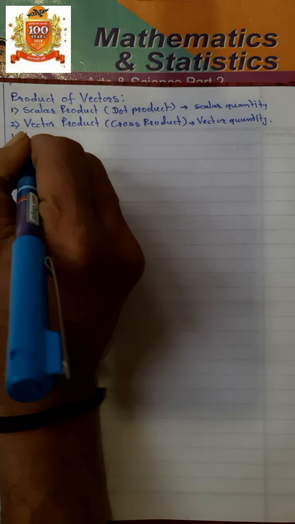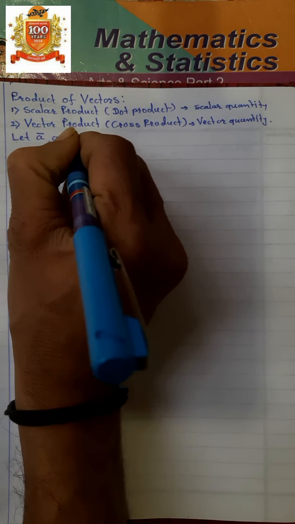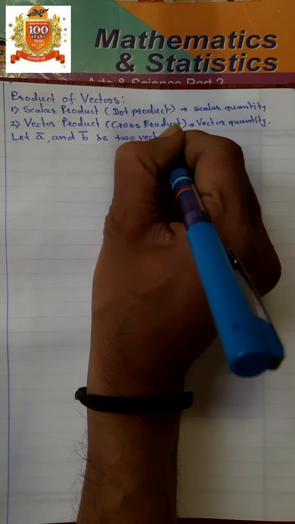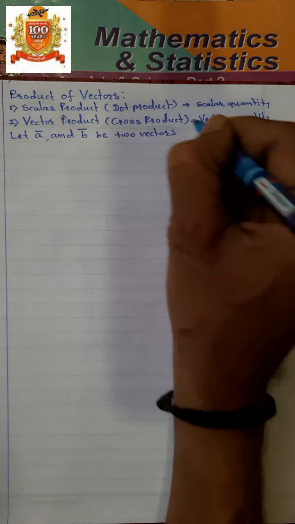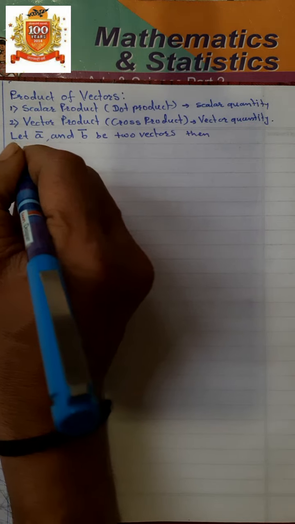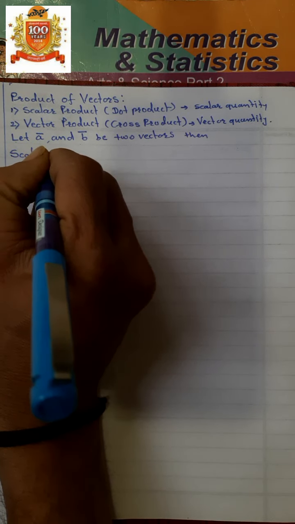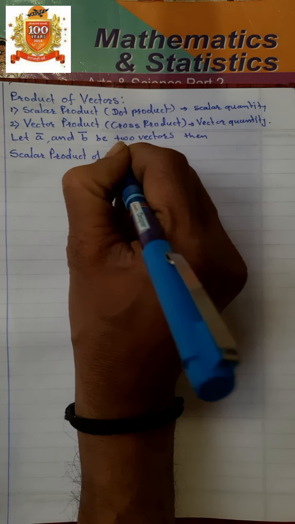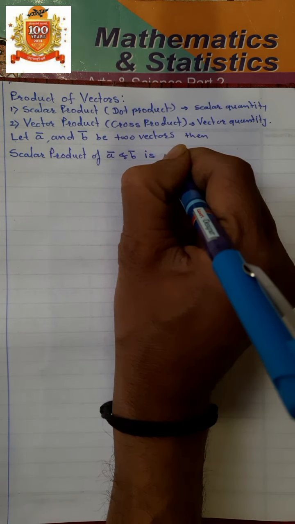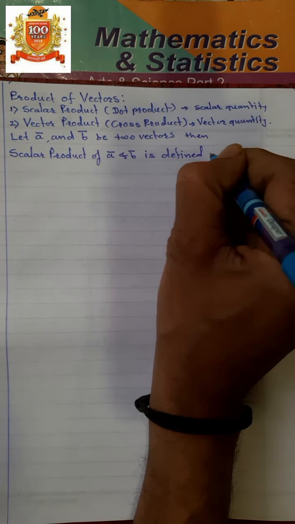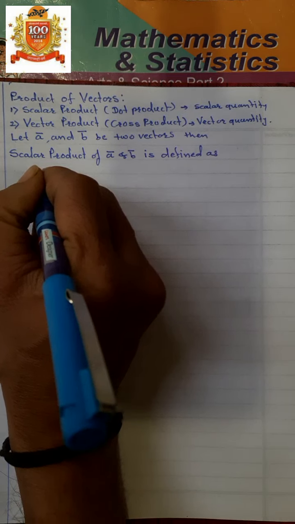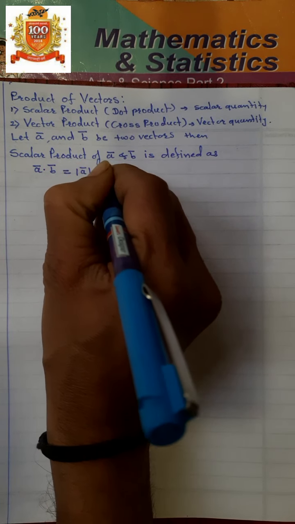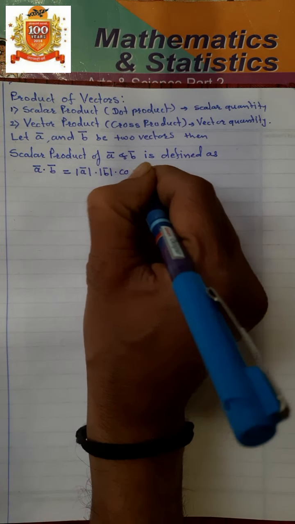Let A bar and B bar be two vectors. Then scalar product of A bar and B bar is defined as A bar dot B bar is equal to mod of A bar into mod of B bar into cos theta.